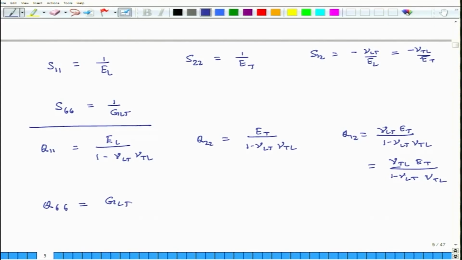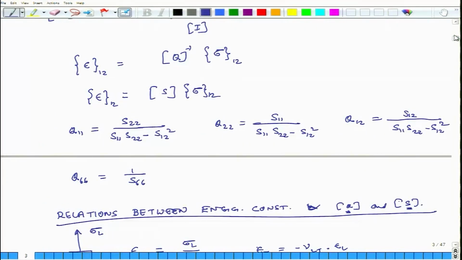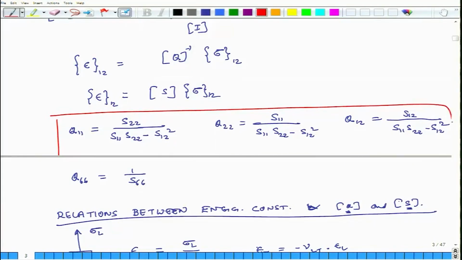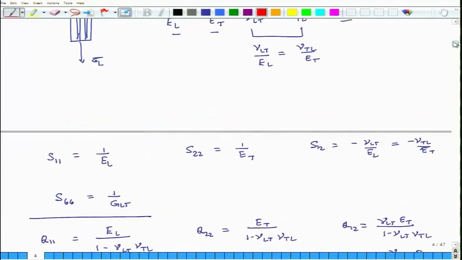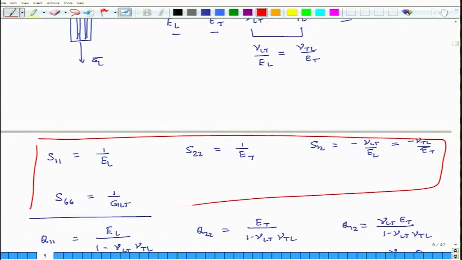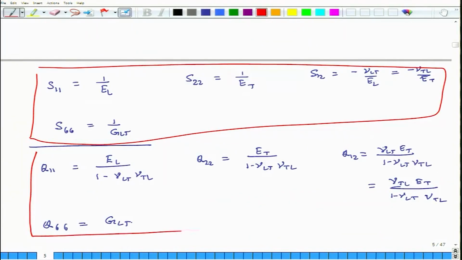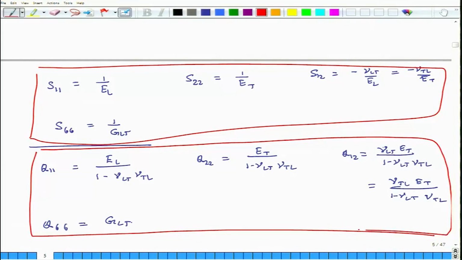So we have 3 sets of equations. The first set of equations, they relate Q's to S's, right. The second set of equations, they relate S to engineering constants, and the third set of equations, they relate members of the stiffness matrix Q matrix to the engineering constants.